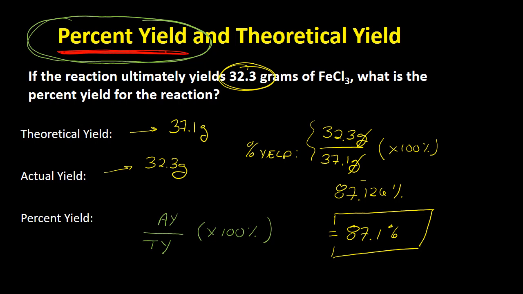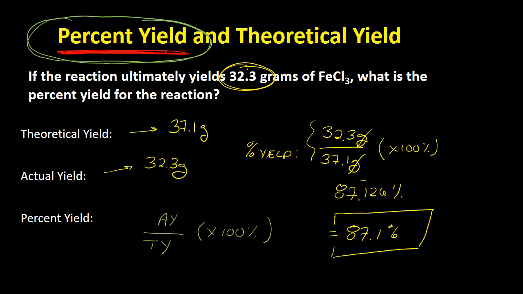There's really no way in reality that you can get a percent yield greater than 100%. Sometimes in the lab, you can get a percent yield over 100% if you have some measurement errors or if your product is a little bit wet, and when you weigh it, you're actually weighing a little bit of water with it. So in those cases, sometimes you'll get a percent yield of 102 or 103% or something like that if you have a little bit of error.